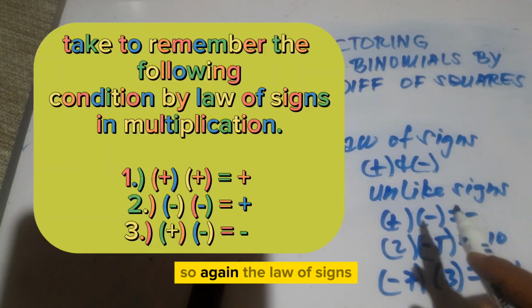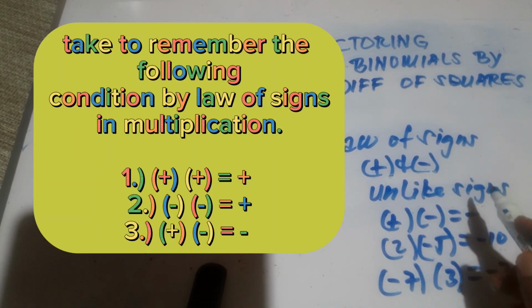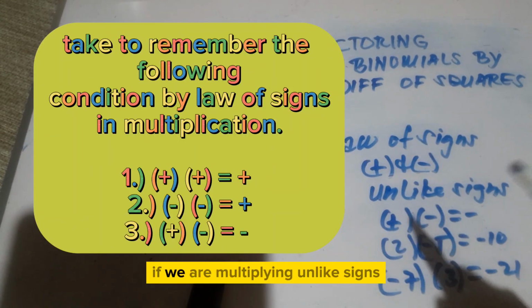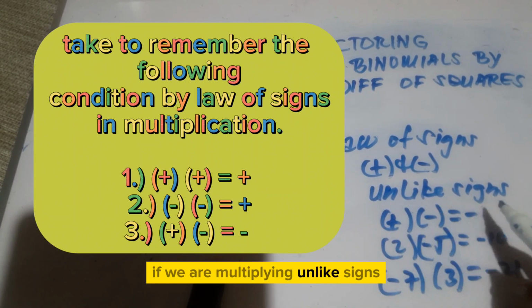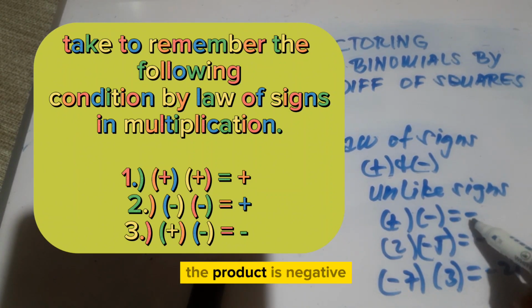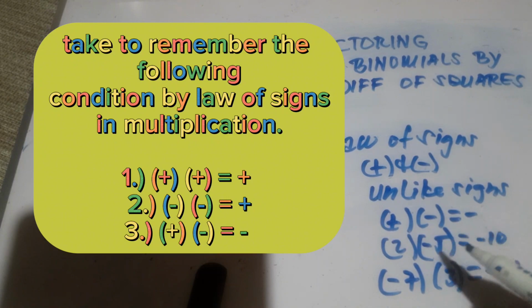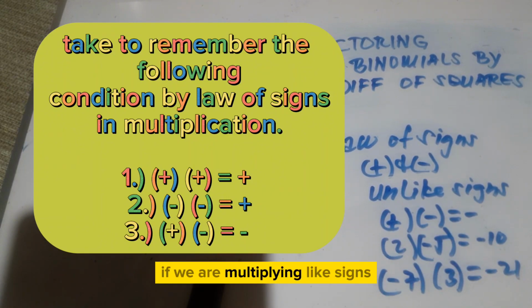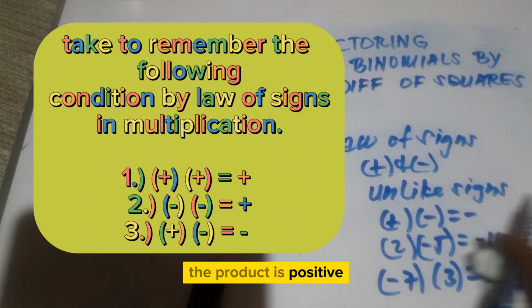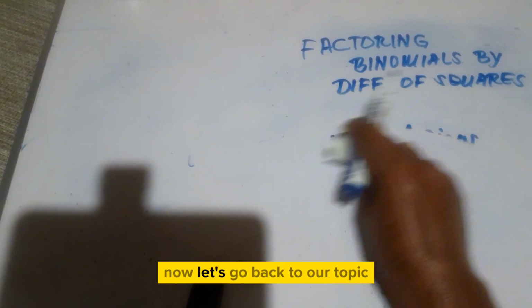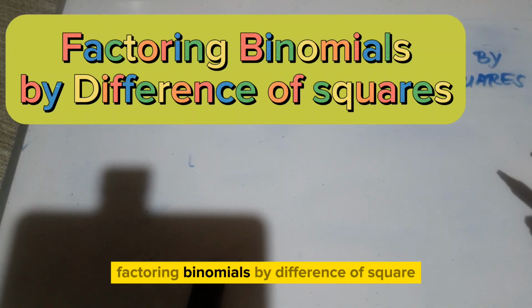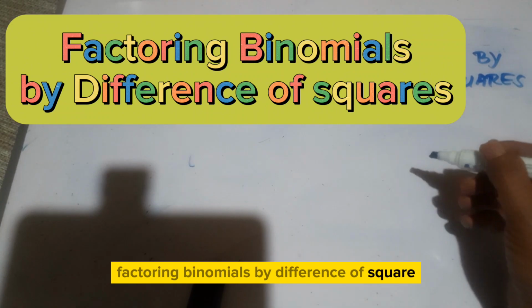So again, the law of signs: if we are multiplying unlike signs, the product is negative. If we are multiplying like signs, the product is positive. Now let's go back to our topic, factoring binomials by difference of square.